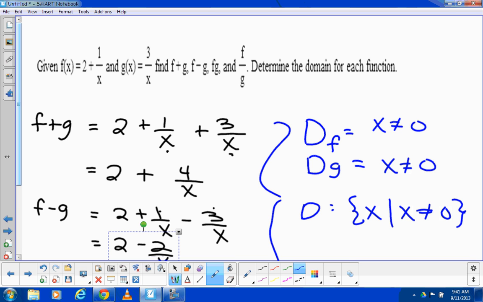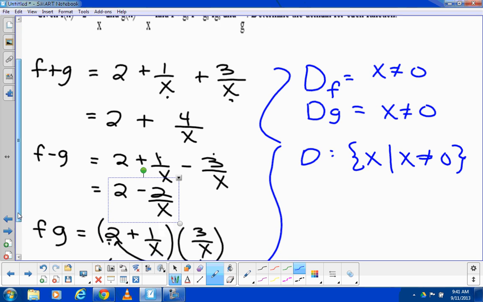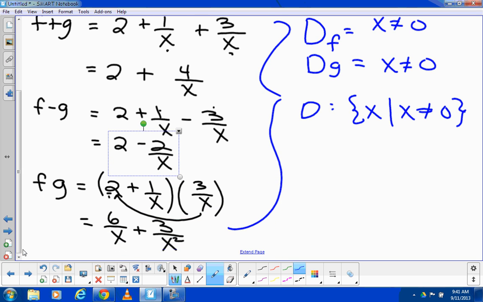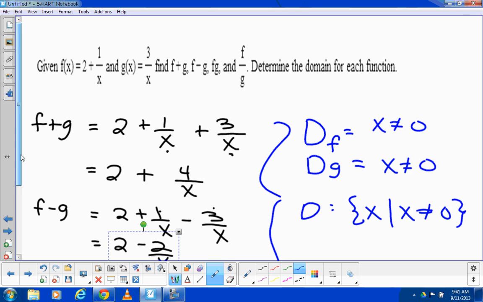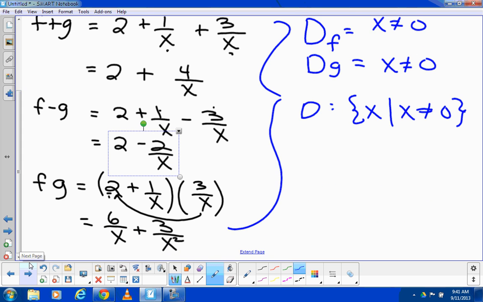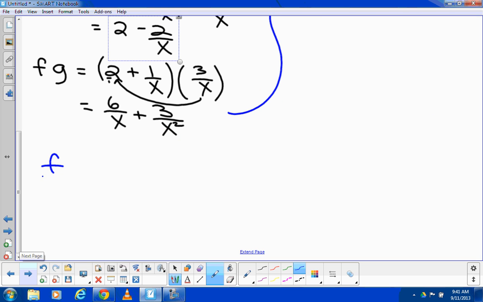It gets fun. Now, we didn't do division, so we have to do division. Let's see, F divided by G. Look back on your paper and help me. What was F? And then G was 3 over X. We should know how to handle that, right?